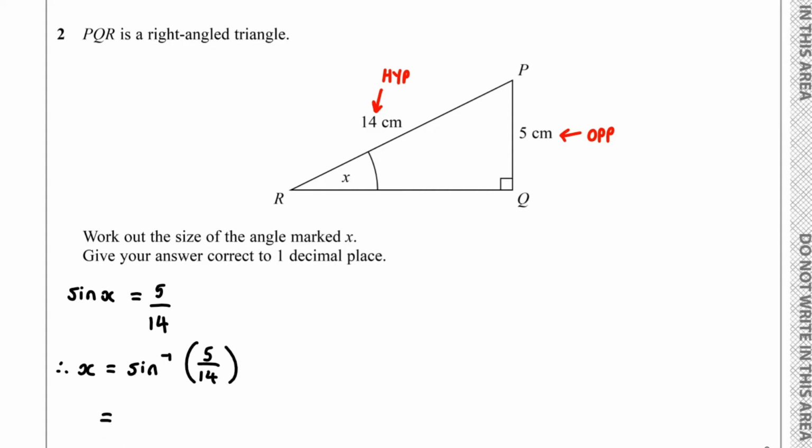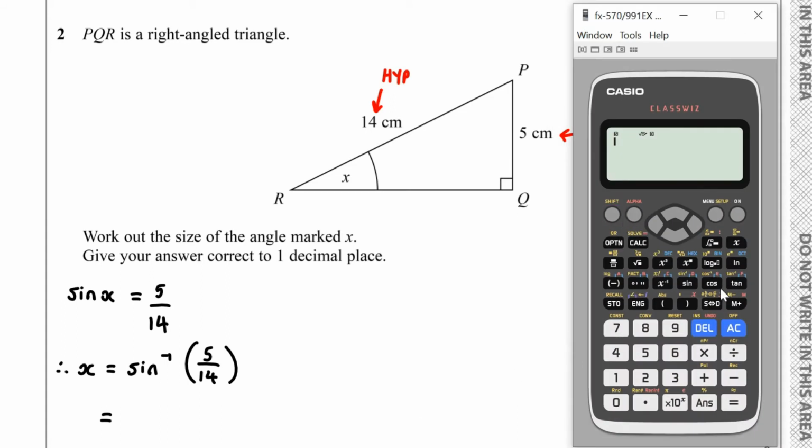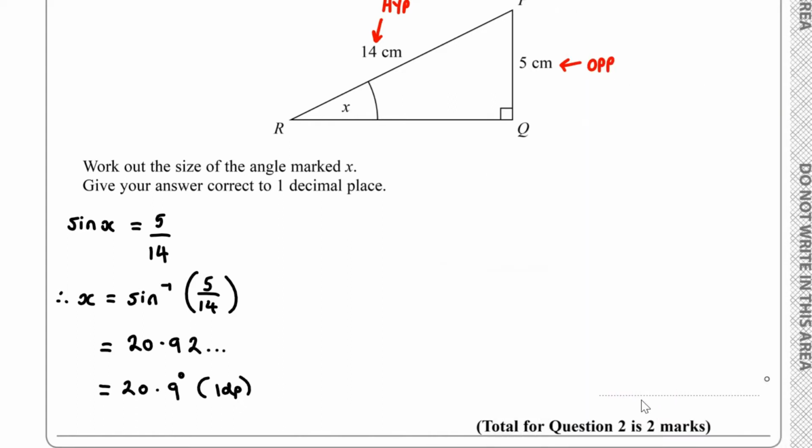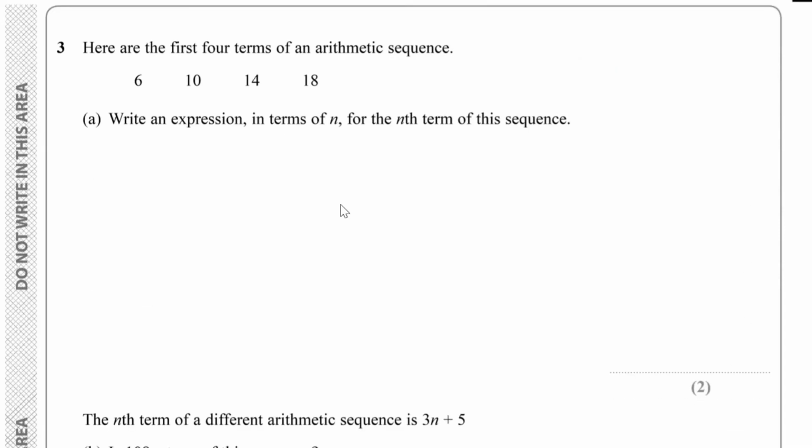So if we work this out, the inverse sine of 5 over 14, you'd find that to be 20.92, etc., which to 1 decimal place, we have 20.9 degrees. So x is 20.9 degrees to 1 decimal place.